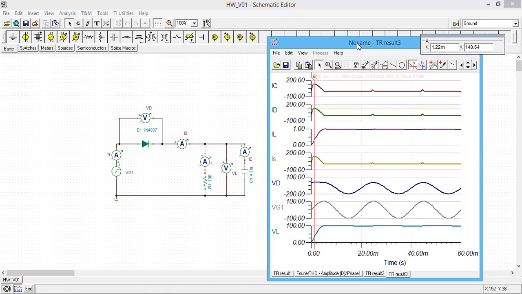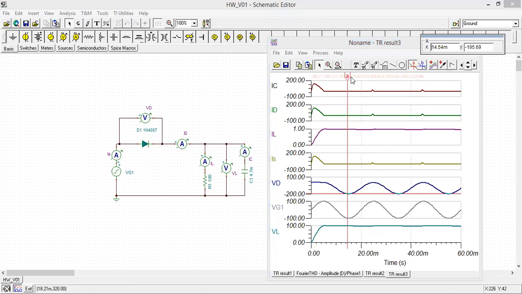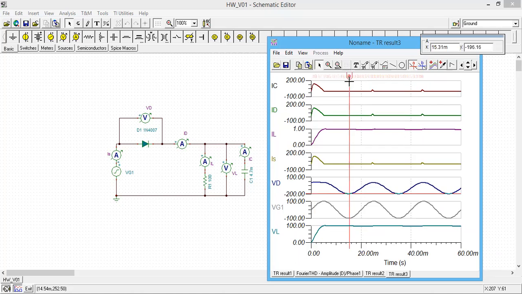So we can go and look at the diode datasheet and see how it goes. And the peak voltage appearing across the diode is around minus 200, and sometimes it reaches 1.3 and again reaches minus 200 volts.